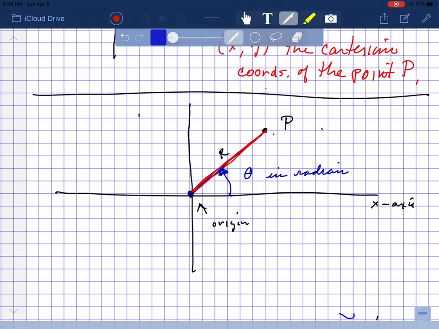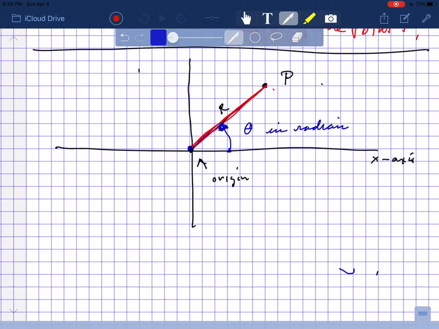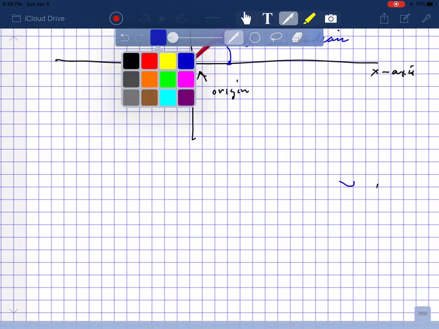This angle theta is being measured from the x-axis to the point P. In other words, we're measuring it in the counterclockwise direction. So whenever theta happens to be positive, we know that we've moved through theta radians in the counterclockwise direction from the x-axis.